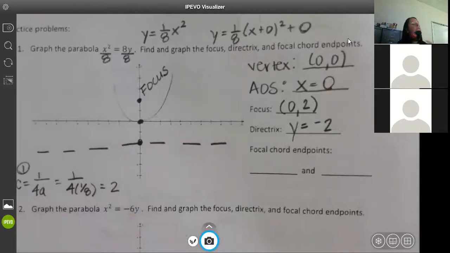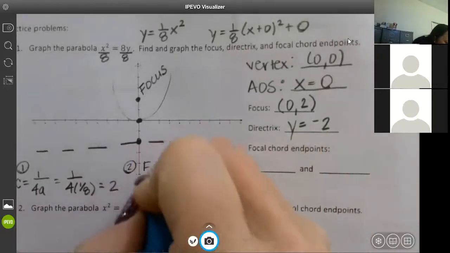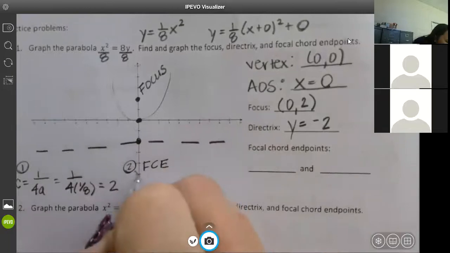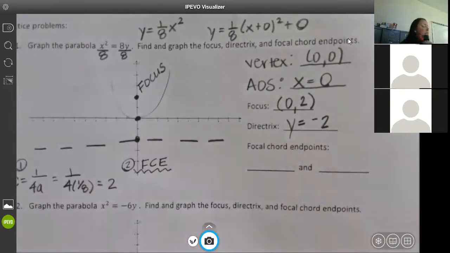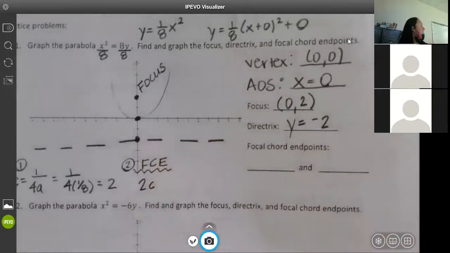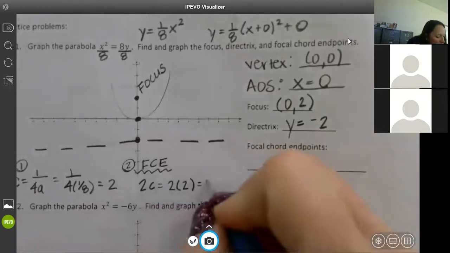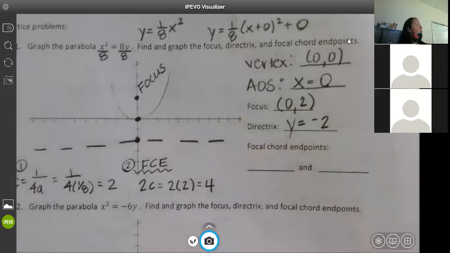Your focal chord endpoints, if you need to write it out, focal chord endpoints, that's fine. To get your focal chord endpoints, remember on the page over there, we said that it was 2C. We found out that C was 2. So that means it's 4 units from the focus.